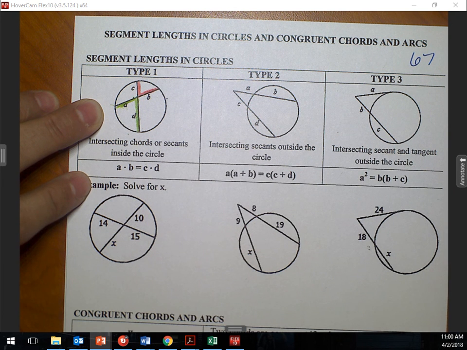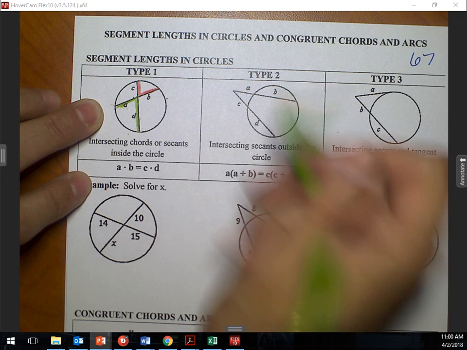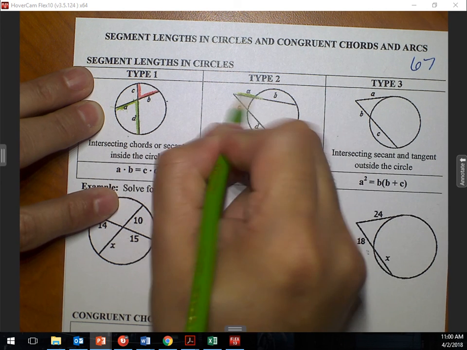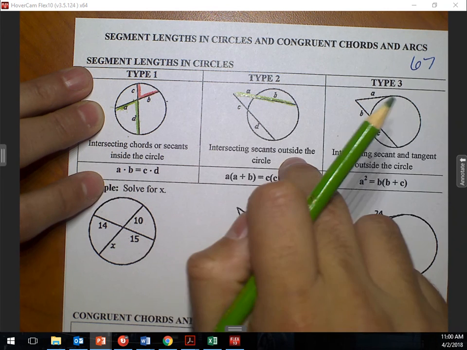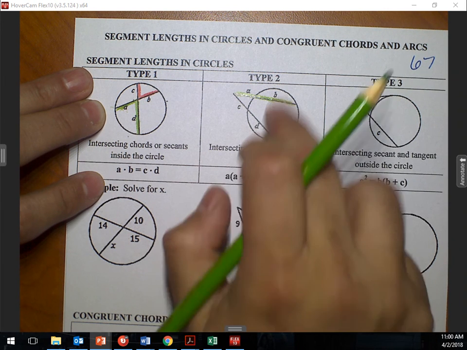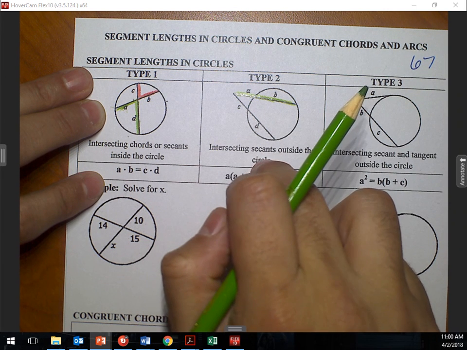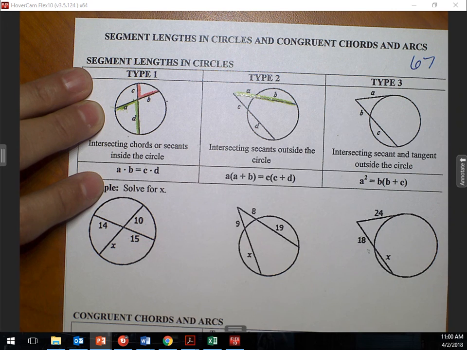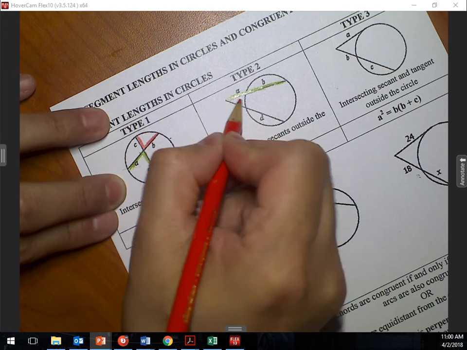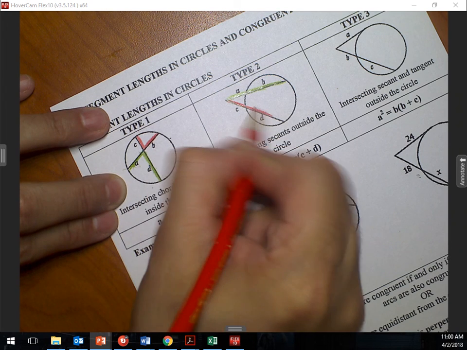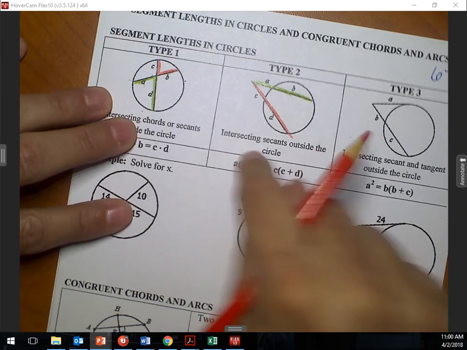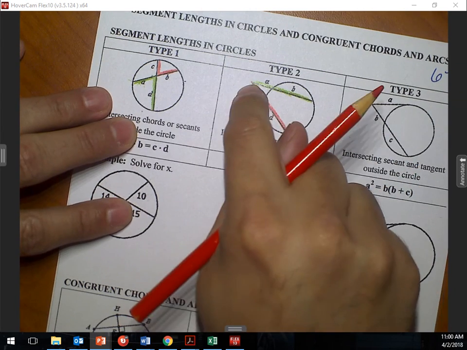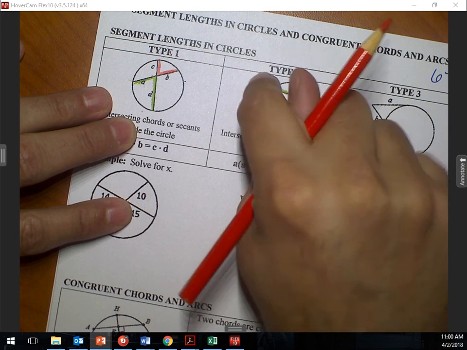So now let's take a look at the next one. Next one right here, these are secants. They're two secants and they're intersecting on the outside. That's important. To locate where they are intersecting is going to tell you how to solve the problem. So if they're intersecting on the outside, I have this secant and I have that secant there.